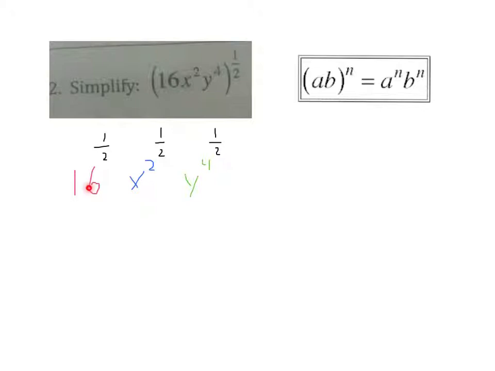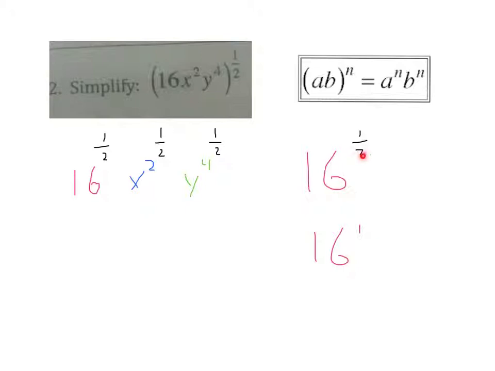So 16 raised to the 1/2 power. What does that mean to raise something to a fractional exponent? Well, what it means is that we take the numerator of the fraction and we raise this base number to that power. So that would be just 16 to the first power, or 16.